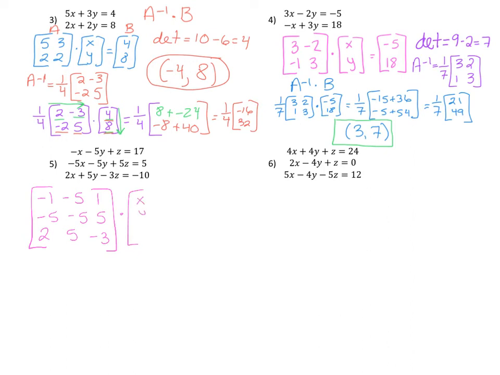Now, instead of just x and y, I have x, y, z. And then my third matrix would be 17, 5, and -10.